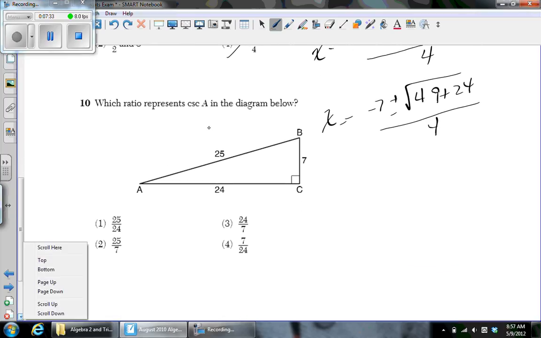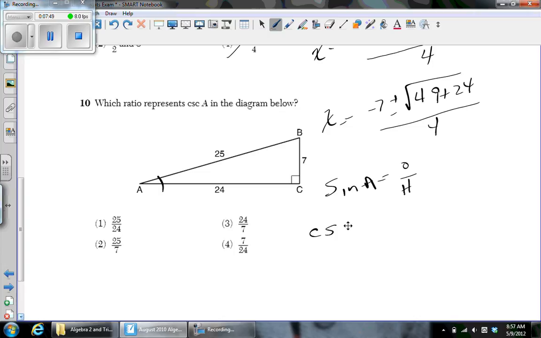Alright, cosecant of a. Well, we know that sine of a is equal to the opposite over the hypotenuse. So cosecant of a equals the hypotenuse over the opposite. So the hypotenuse is 25, the opposite is 7, so 25 over 7.